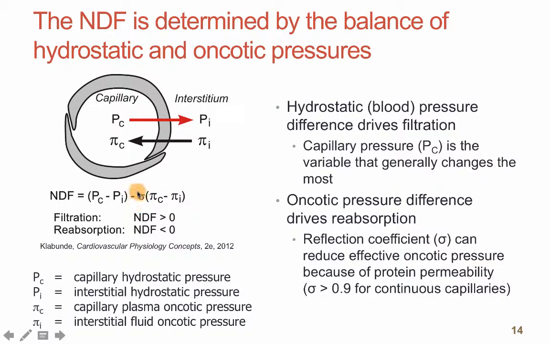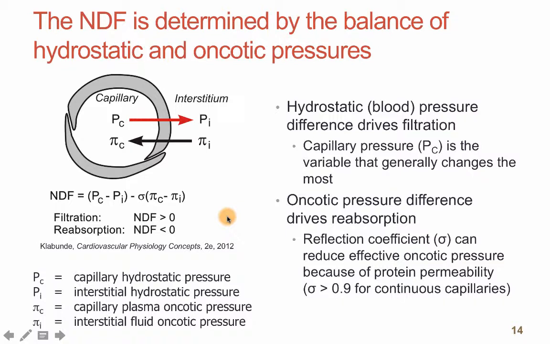Now I talked about this little sigma here. This is what we call a reflection coefficient, because we have assumed so far in our discussion that protein cannot pass across the capillary barrier. Well, that's really not an accurate assumption. It holds relatively true for continuous types of capillaries, and even the fenestrated capillaries such as found in the renal glomeruli.